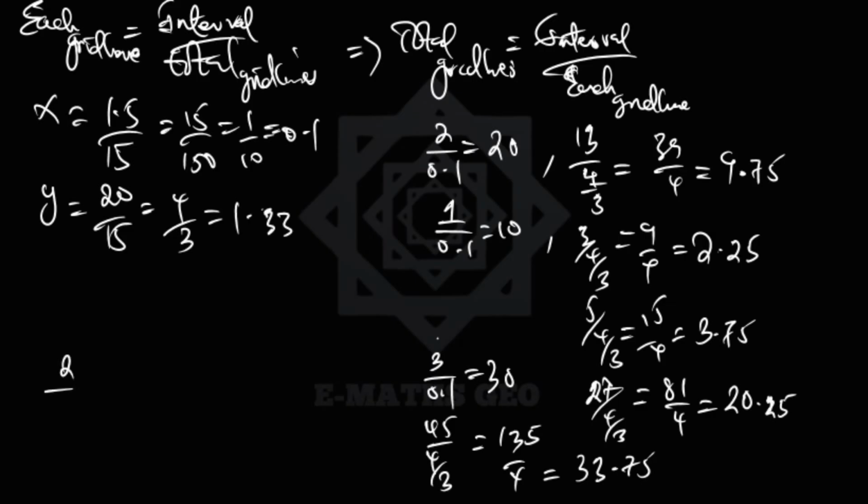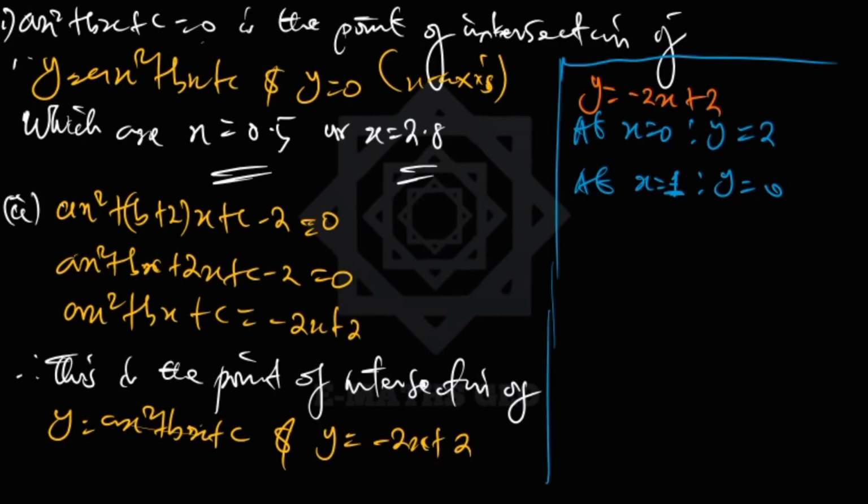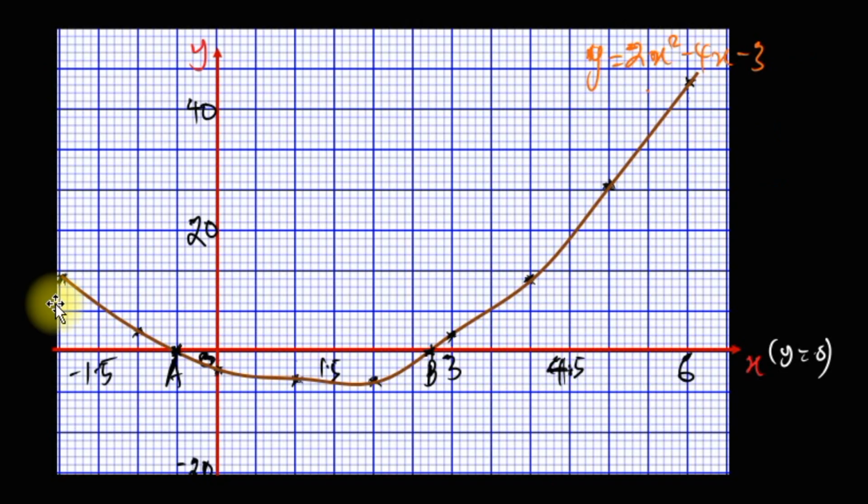So I have 2 over how many grid lines? 4 over 3, each of them. So this is 2 times 3 over 4. That's 3 over 2, that's 1.5 grid lines. So at x equals 0, y is 1.5 grid lines up since it's positive. So 1.5 is somewhere here.